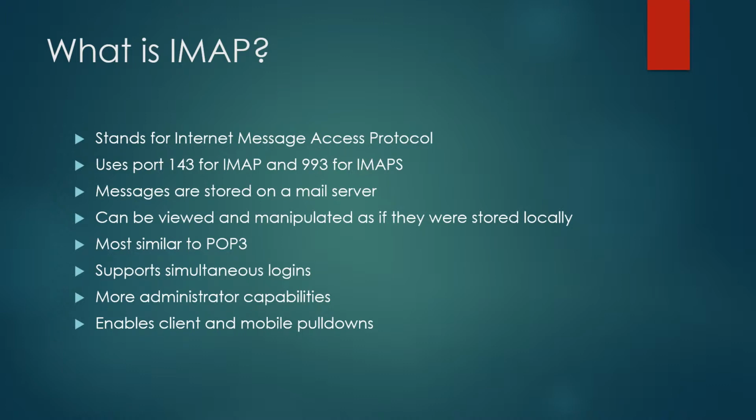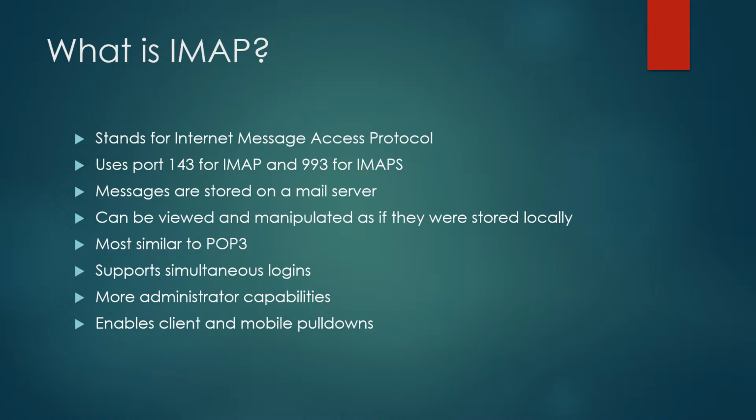Some of the features that make IMAP unique is that it supports simultaneous logins, and this is because all your messages are actually stored on a server, so you can live view your email messages from multiple devices at the same time.